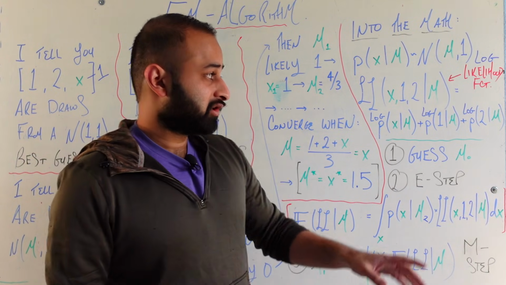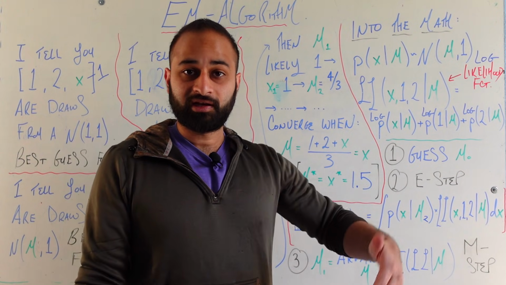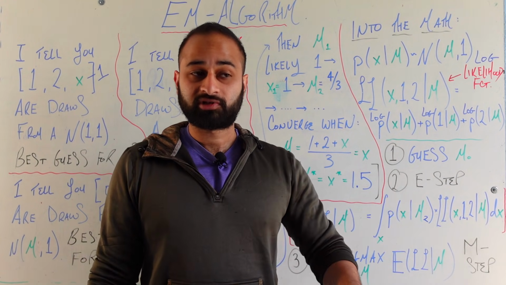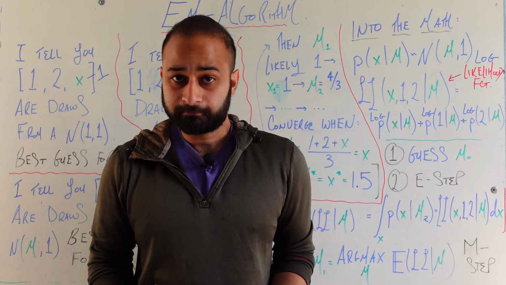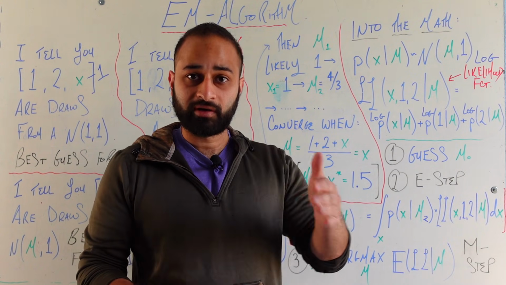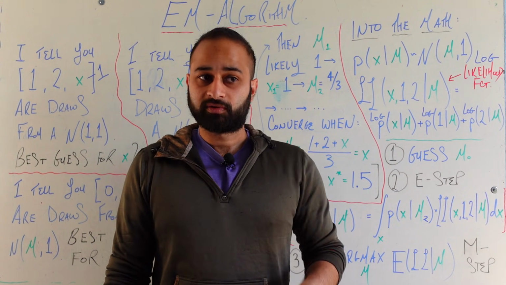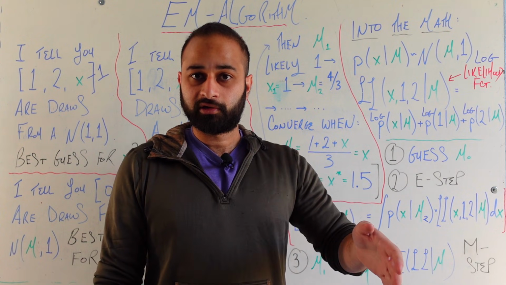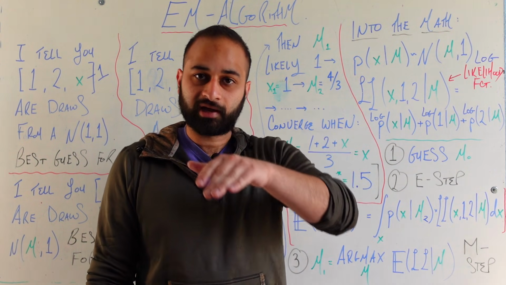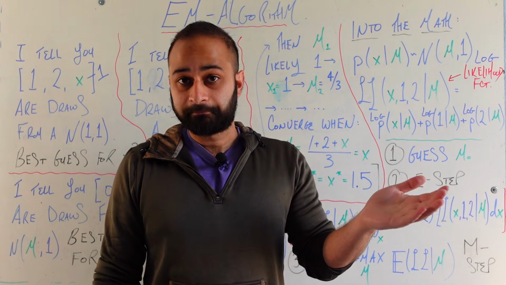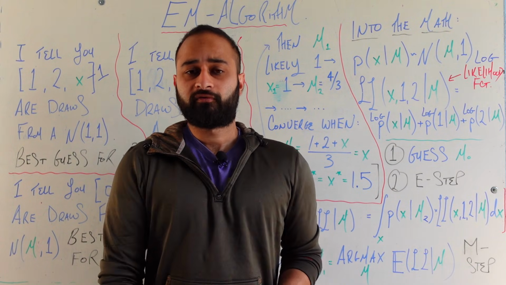So in other words, whatever your likelihood function was before that E and M step, after you do the E and M step, your likelihood function has only gotten better. And if that's true every single time, and if the likelihood function has some kind of maximum, so maximum likelihood, then you're making your way towards at least a local optimum. And so that is the flavor of the proof.